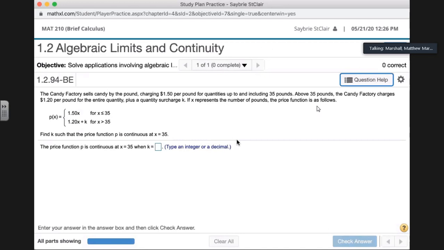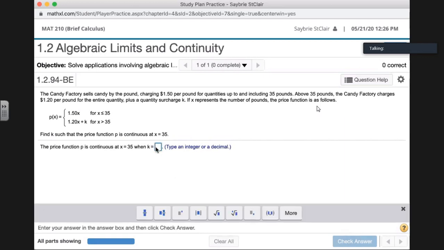So this one, 1.5 times 35, I get 52.5. And then 1.2 times 35 gives me 42. So if I take that away from 52.5, I get 10.5 on this one. That should be pretty easy.